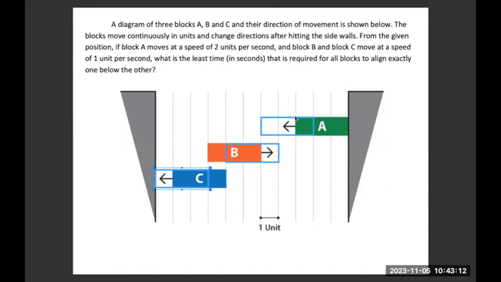In the next position, block A is moving 2 units, so it will come here. Block B is moving 1 unit, so it will come here. Block C will change direction because it has hit the wall, so it will come somewhere here.